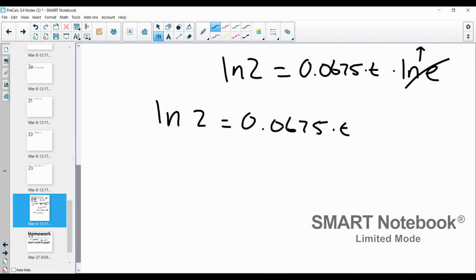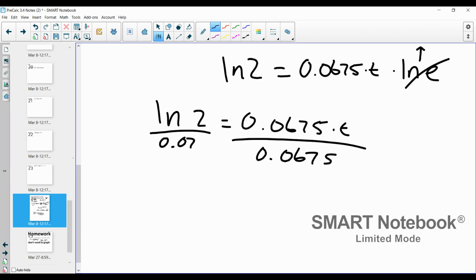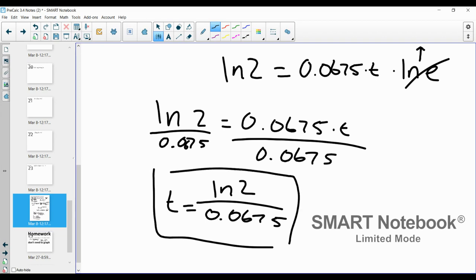Divide both sides by 0.0675. And I get my answer that t is equal to the ln of 2 divided by 0.0675, whatever that is. And so again, I'm just using properties to solve for something that was in the exponent.